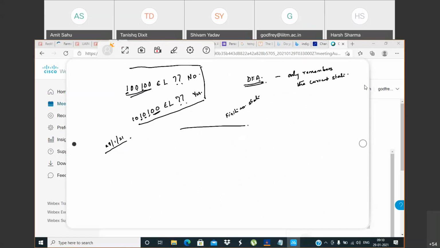So today, we will look at another kind of automaton, which is called a non-deterministic automaton, or non-deterministic finite acceptor.